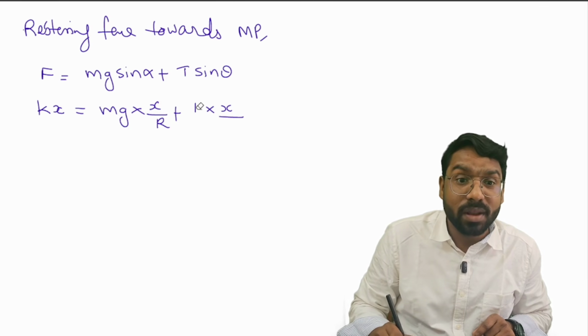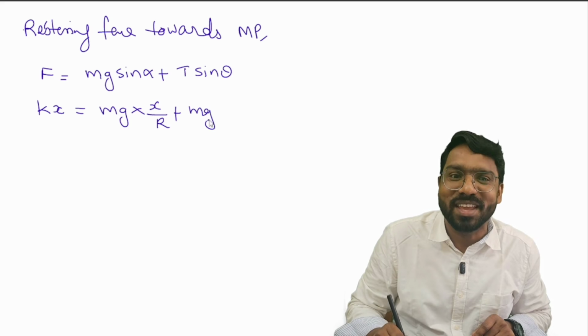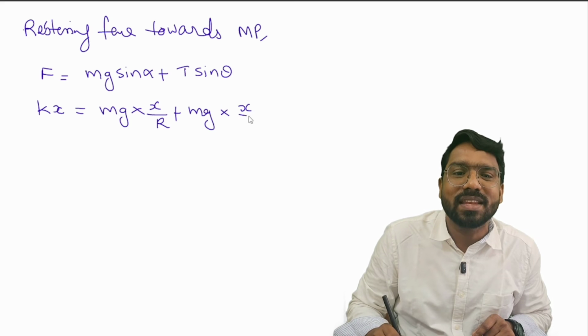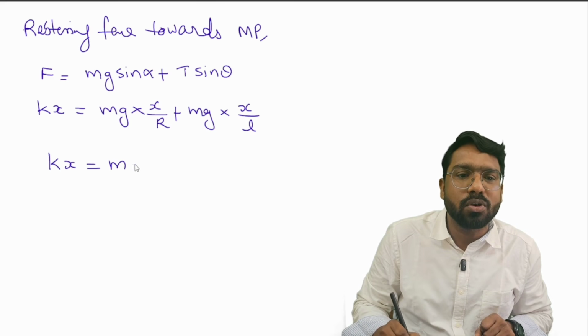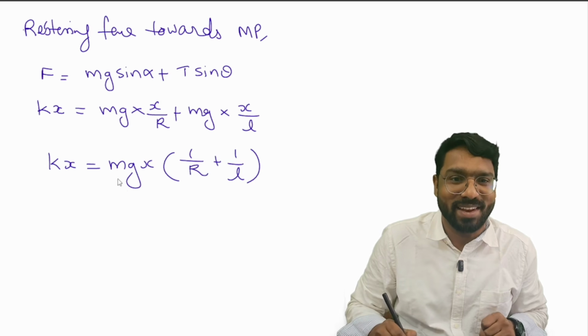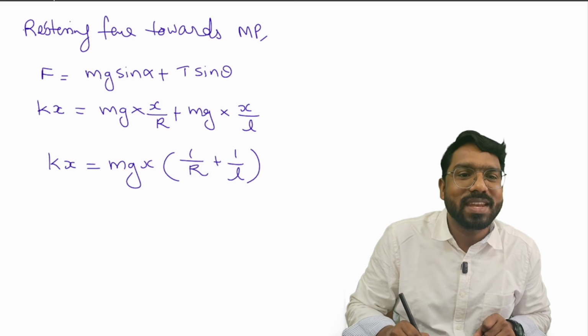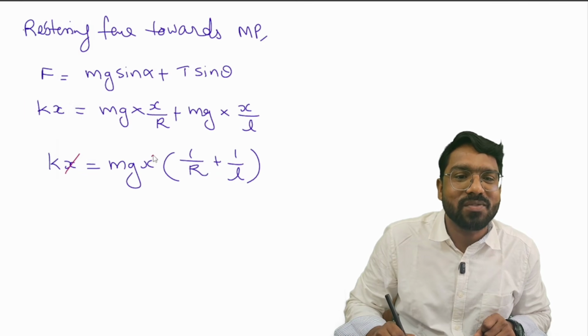Sorry, one point I missed earlier: T is mg, right? So T into sin theta is mg into x by L. So Kx equals, taking mgx outside, mgx times the bracket 1 by r plus 1 by L. We can cancel x.